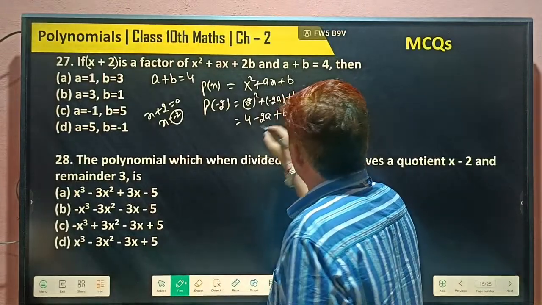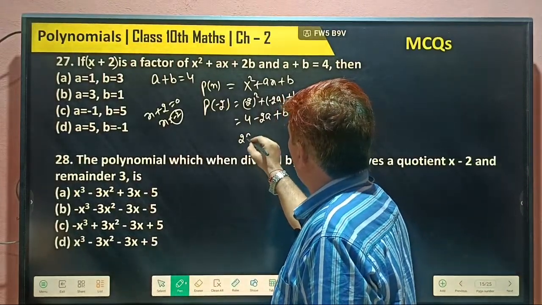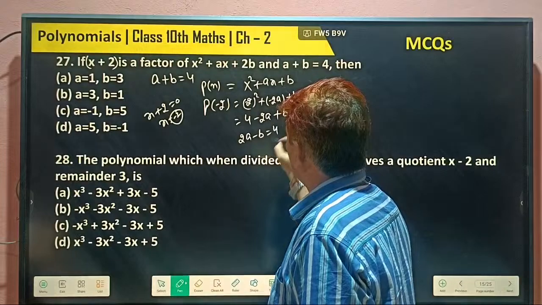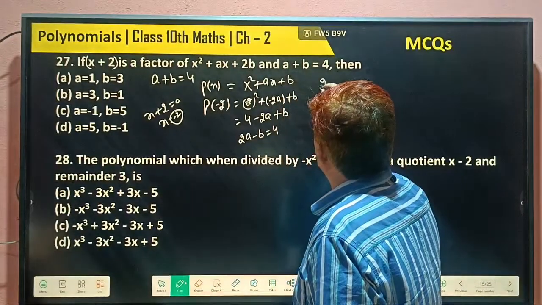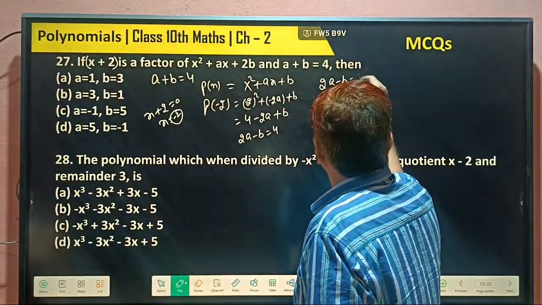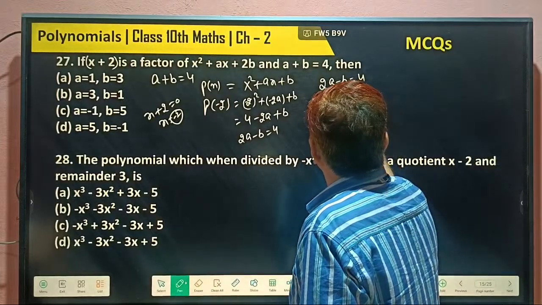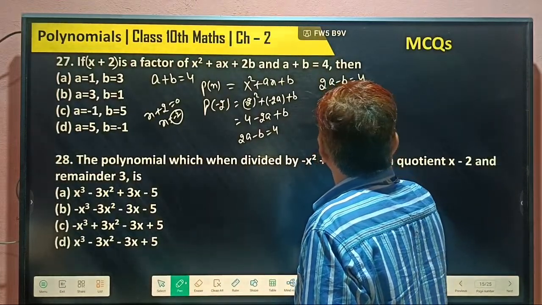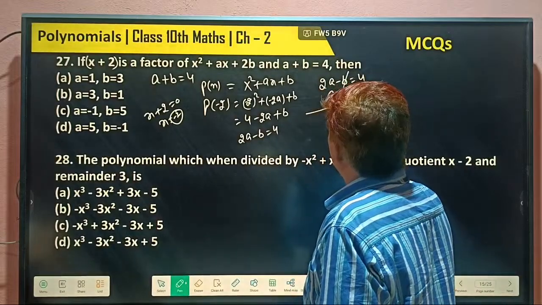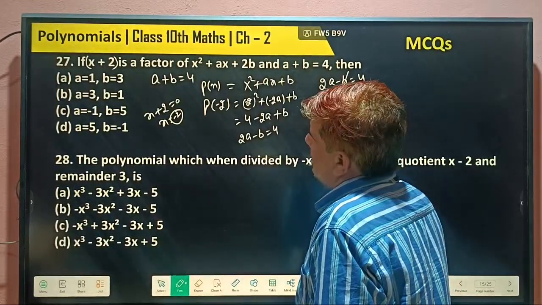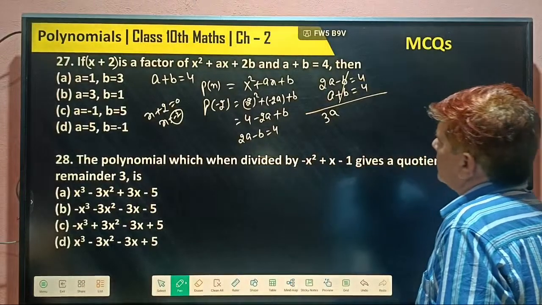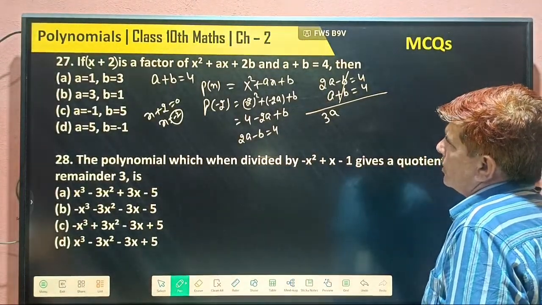So this means 2a minus b equal to 4. 2a minus b equal to 4 and a plus b equal to 4. So cancel these. So 3a. What's this? b. Any problem?